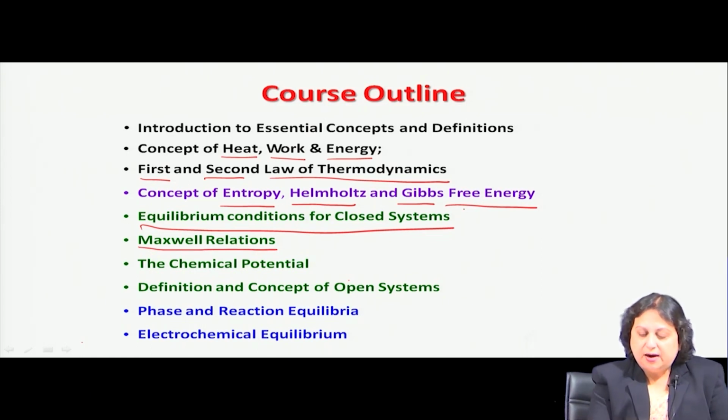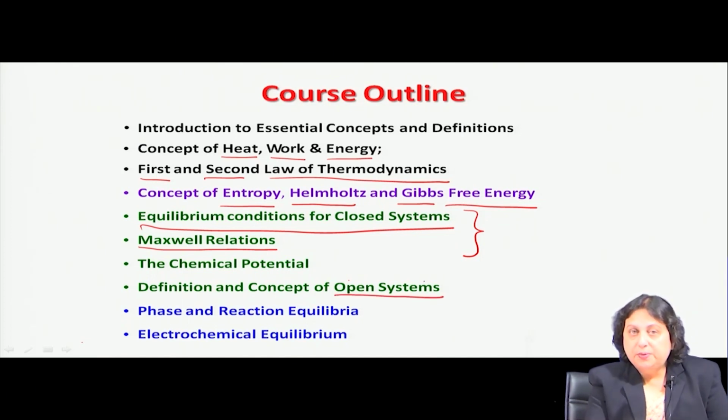Now, once we are done with the closed systems where the total number of particles is a constant, then we are going to move on to what are known as open systems. So, an open system is a system where the total number of particles can change.